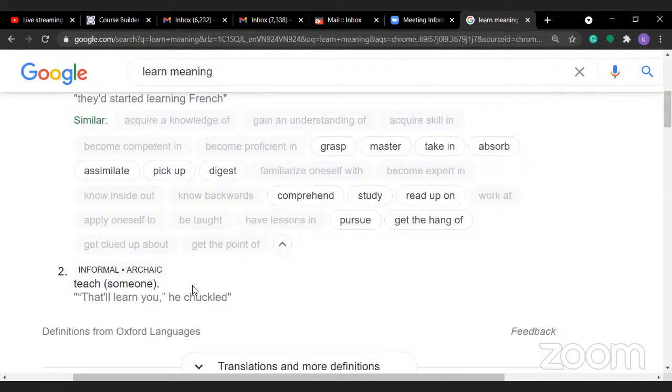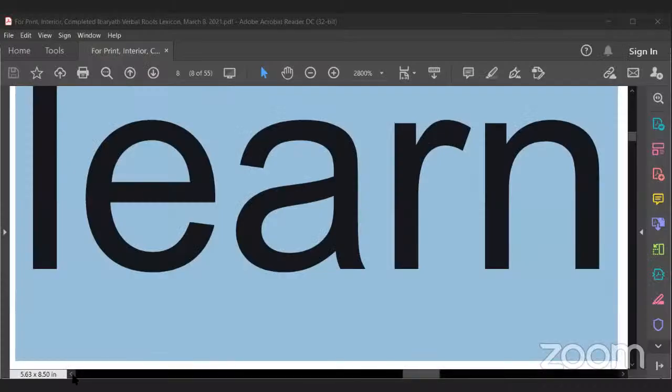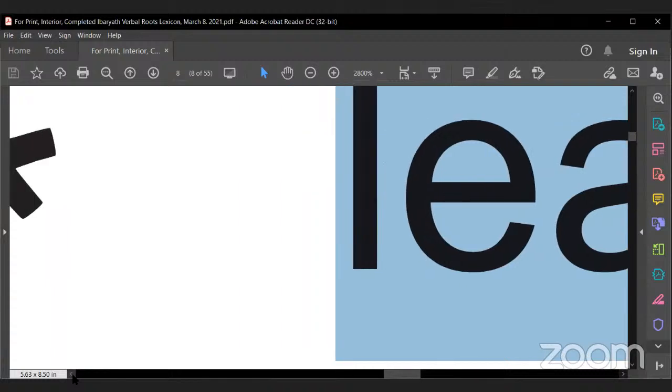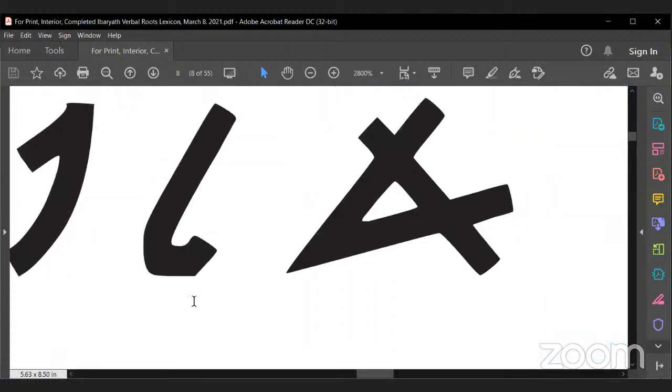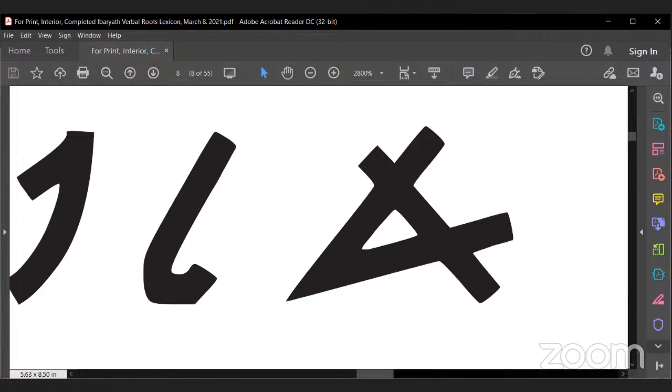All right, so let's go back and do our review. Let me pull up the document. Give me one moment, please. Repetition means a lot, which is why I'm doing this, especially when you're doing vocabulary words. It's the repetition that helps you to remember.